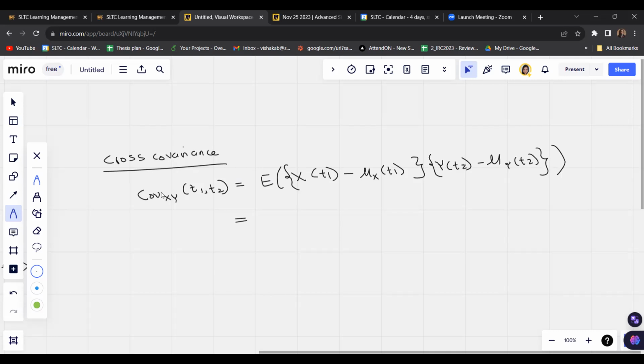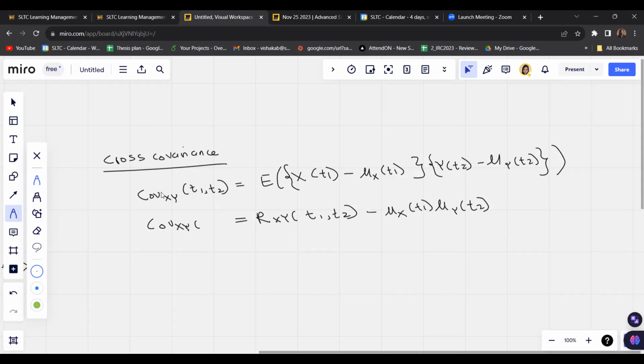The cross covariance value, by further simplifying this, we can define that it is equal to Rxy t1 t2, which means the cross correlation between the t1, t2 random variables of X and Y, minus the product of the mean values of the random variables at t1 and t2, basically.